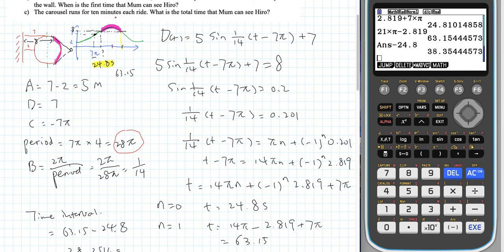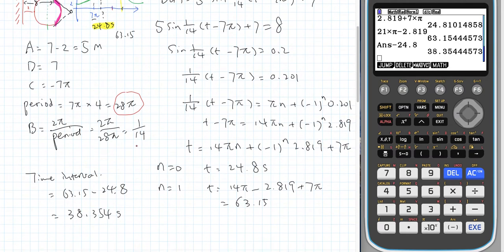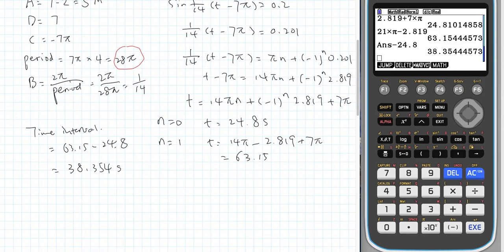But we have 10 minutes here, right? We want to find out how many periods fit within that 10 minutes. So we're going to use 10 minutes divided by the period to find out how many circles. The number of circles that the carousel will spin around is 10 times 60, that's seconds, divided by 28 pi.